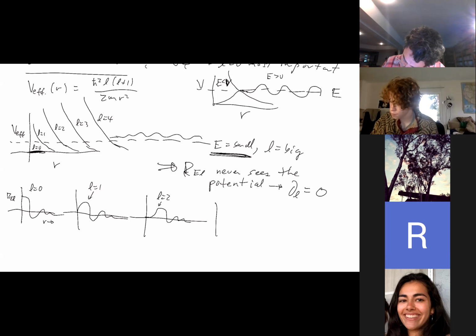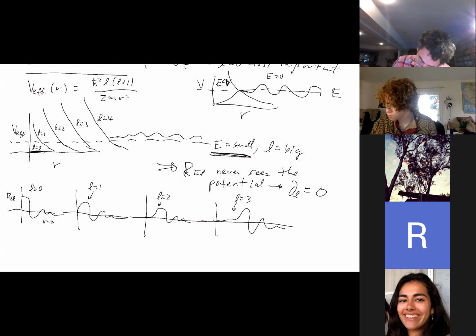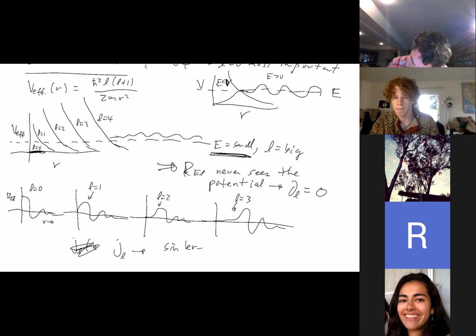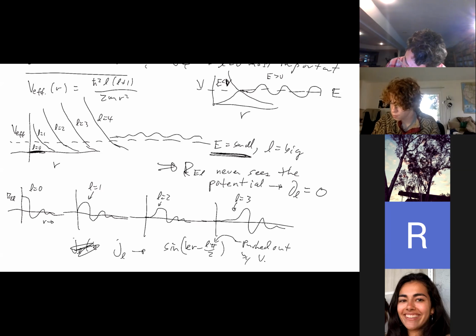And now plot the L equals 3, and it does this. And that's why we had the J sub L of KR. Remember the J sub L goes to the sine of KR minus L pi over 2, because that's the part that's pushed out by the centrifugal barrier.